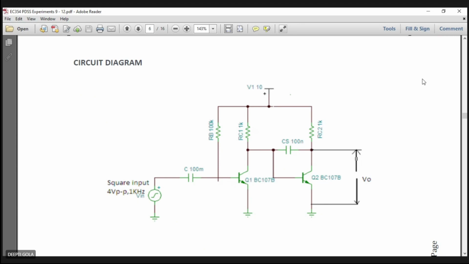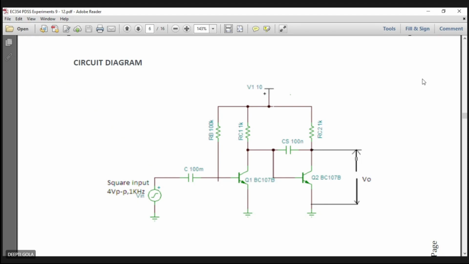This decrease in the output voltage will depend on the capacitor CS, because CS is coupled to the base of transistor Q2. So the rate of decrease of the output depends on the rate of discharging of CS.